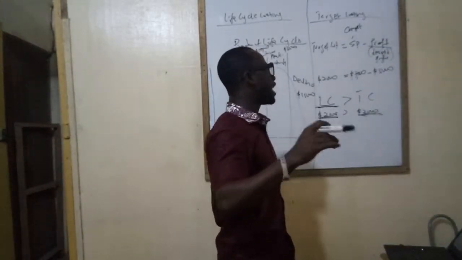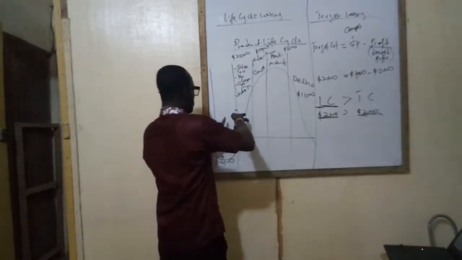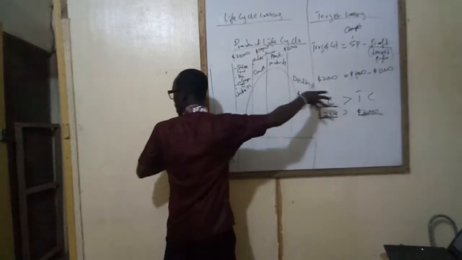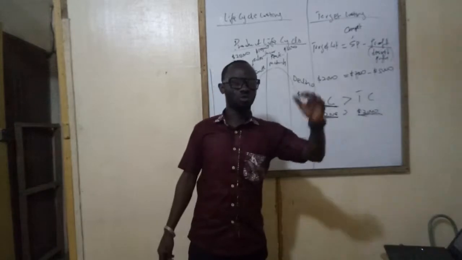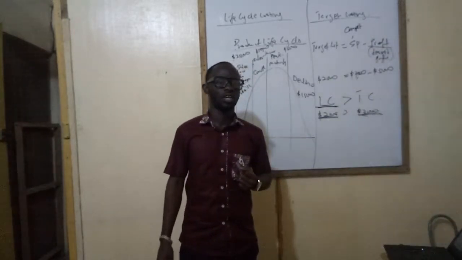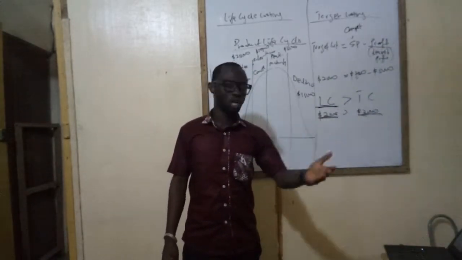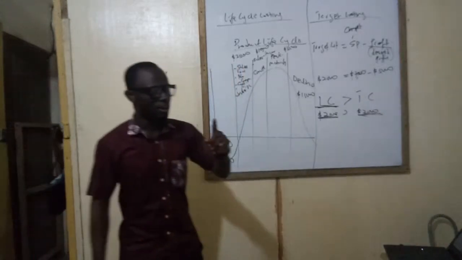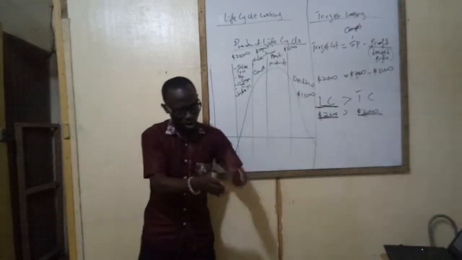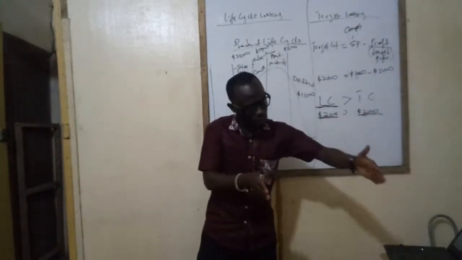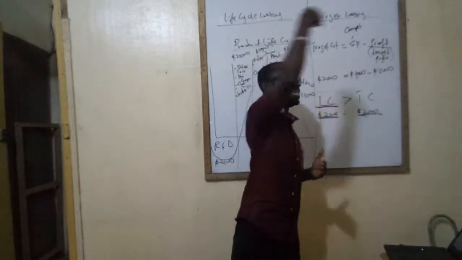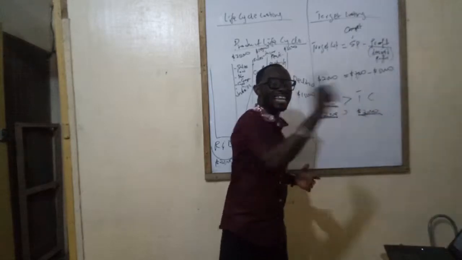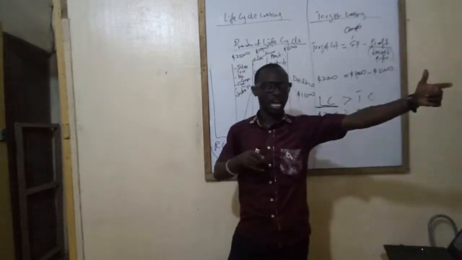One of the things that cause an organization to incur a lot of cost is when the product takes time to be introduced into the market, or the product takes time to be launched in the market. Now listen, if you produce a product and you are supposed to launch the product in February, but you wait and launch the product in December, that means it will prolong the product life cycle.